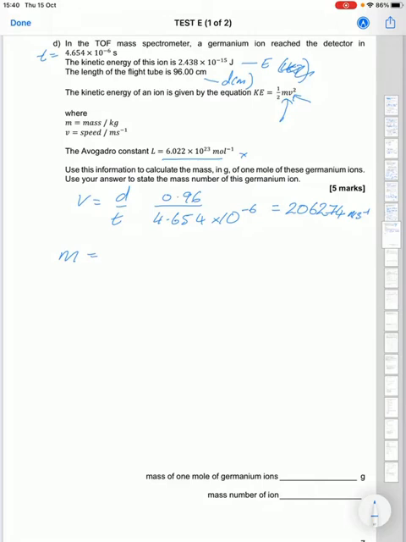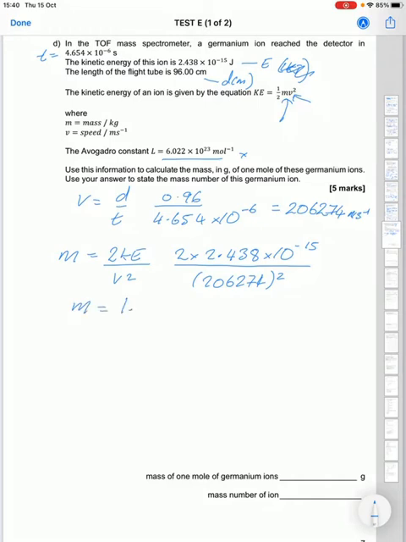So the mass is 2 times the kinetic energy divided by the velocity squared. So 2 times kinetic energy is 2.438 times 10 to the minus 15, all divided by 20627 squared.